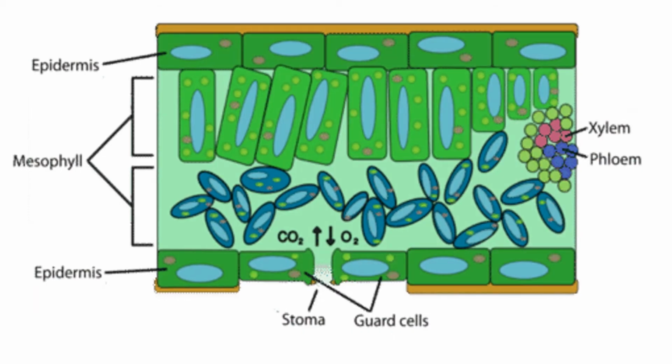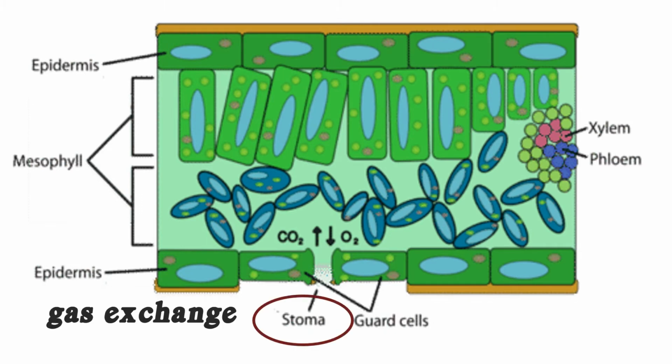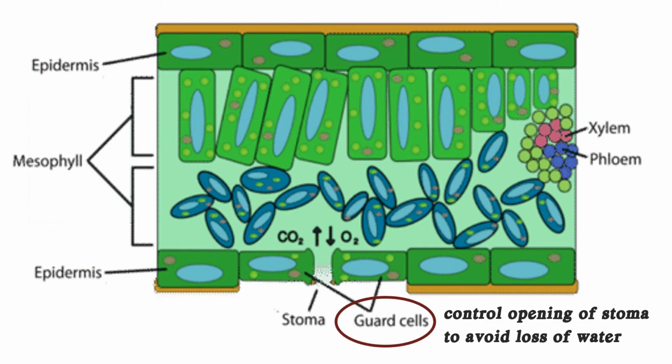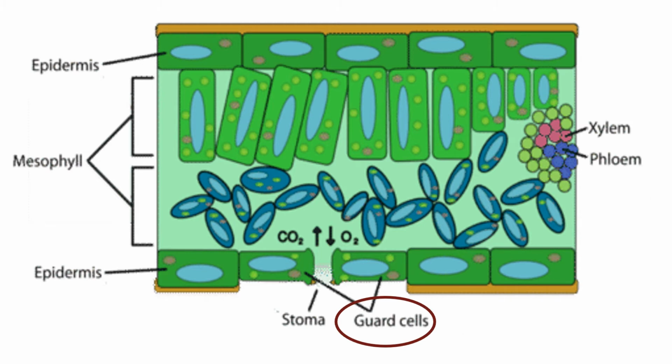The epidermis of a leaf also contains openings known as stomata, through which the exchange of gases takes place. Two cells, known as guard cells, surround each leaf stoma, controlling its opening and closing, and thus regulating the uptake of carbon dioxide and the release of oxygen and water vapor.